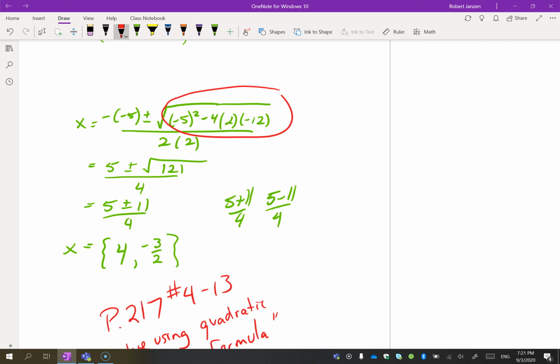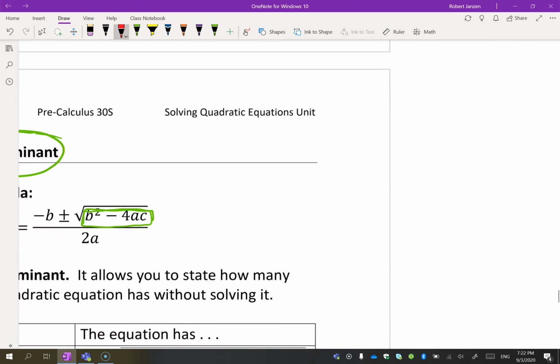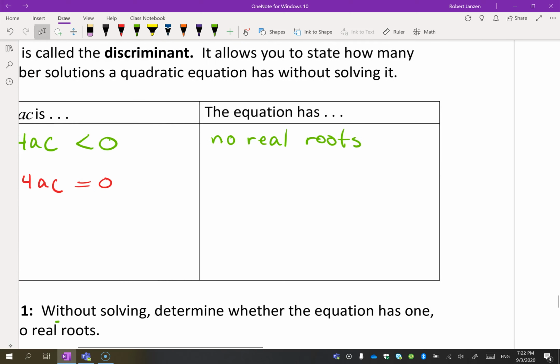Well, you would be left with just 5/4, because the plus or minus part would be a 0. Okay? So what happens is if the discriminant is 0, we have only one answer. We have one real solution, or root.